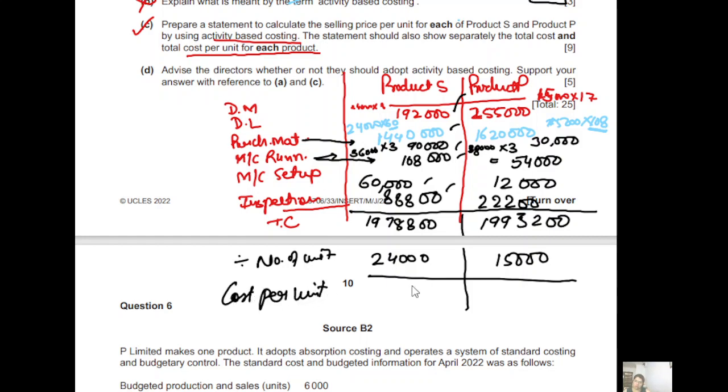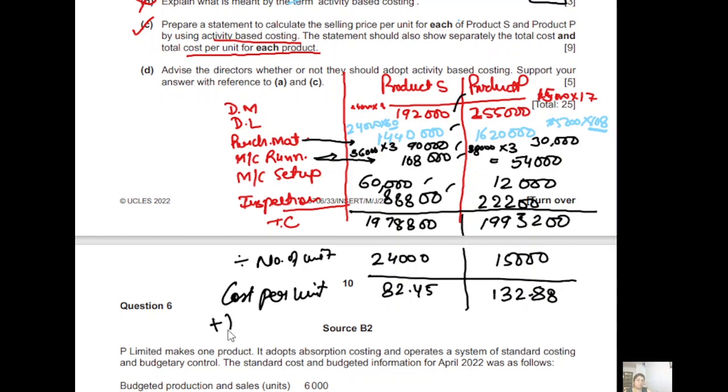So what is your cost per unit? It is 82.45, and here it is 132.88. Look, in ABC we find the exact value, an accurate value, it helps us.